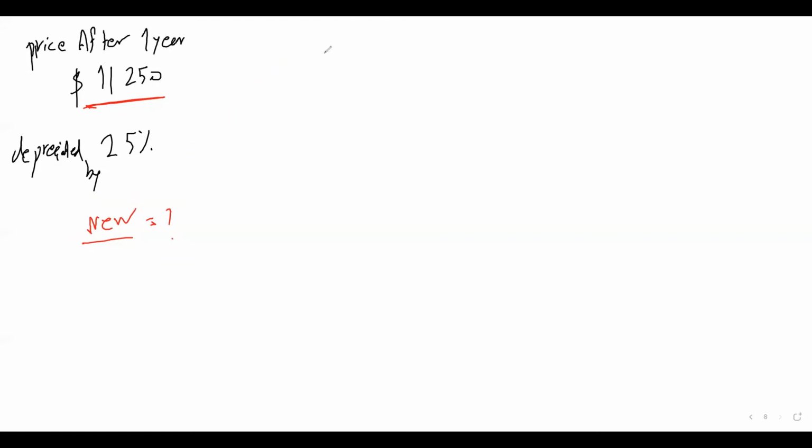Anyway, when you bought it, it had a price, and then it is multiplied. I'm going to use the formula that I taught you guys. Depreciation means decrease, and it has decreased by 25%, and now the price is 11,250.